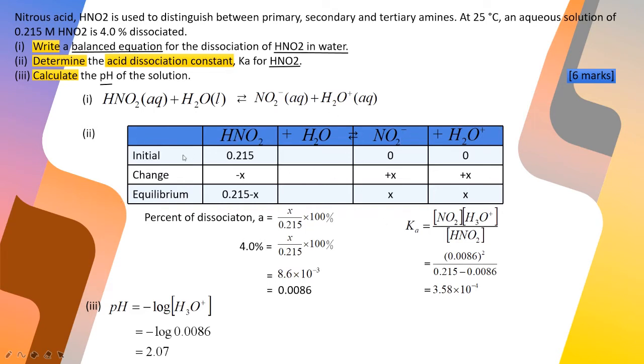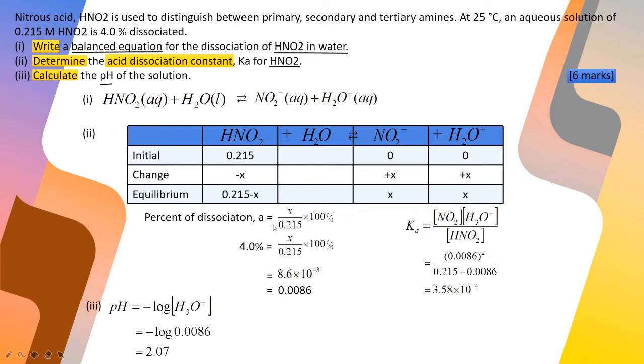The initial will be 0.215, which we get from the question, and the change will be negative x. The equilibrium will be 0.215 minus x, and H2O is empty. For NO2 minus and H3O plus it will be the same: initial will be 0, change will be plus x, equilibrium will be x.